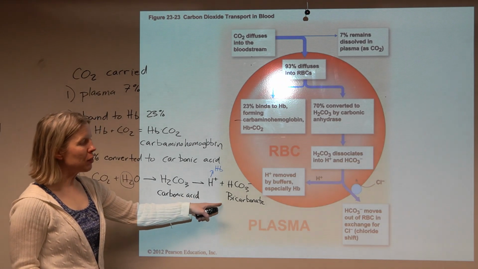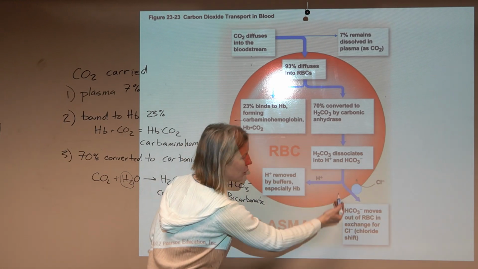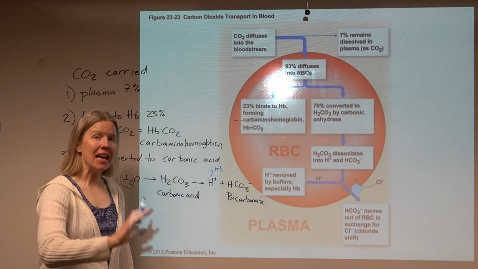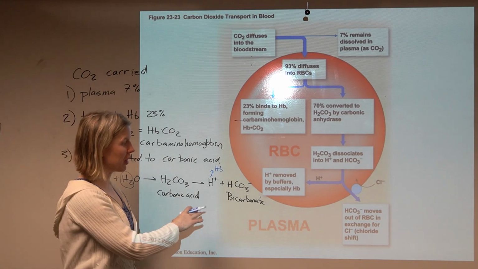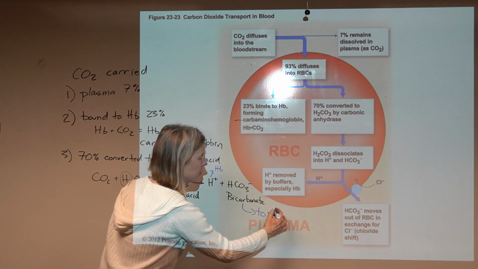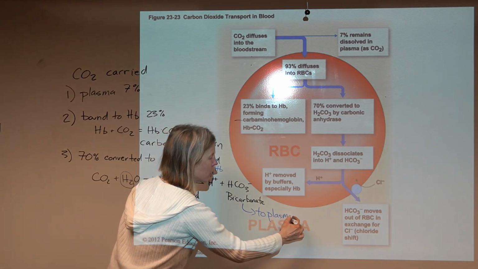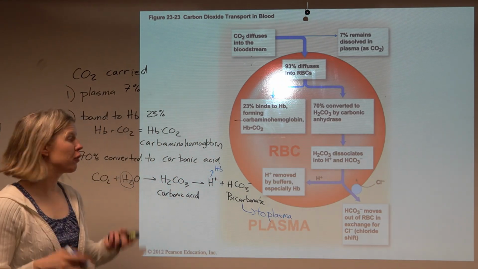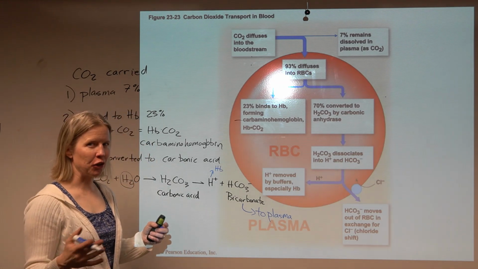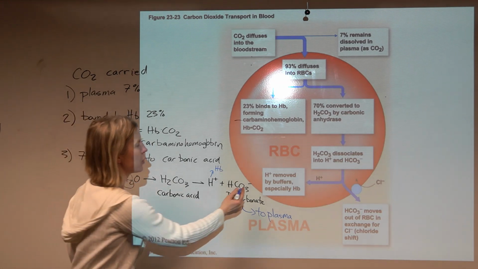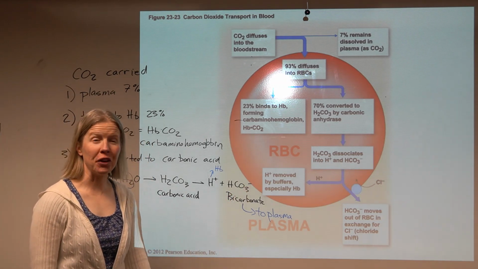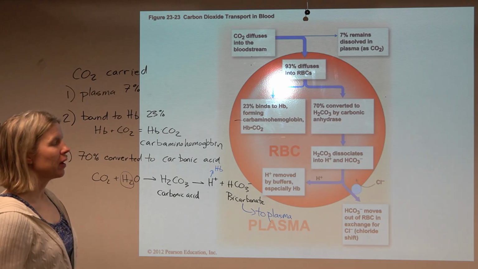The bicarbonate actually leaves the red blood cell. It goes out into the plasma where there's plenty of room. It actually gets exchanged for a chloride. I'm not too obsessed with that detail, but it does occur to make sure that we don't skew the electrical ratios inside of the cell.